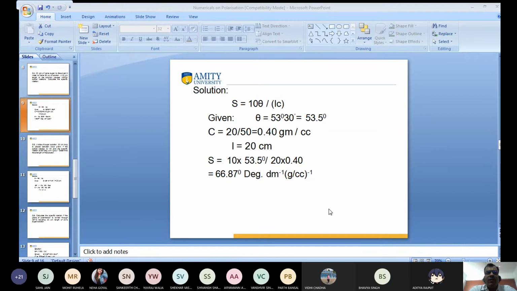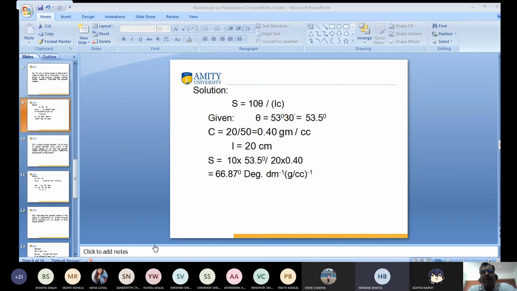Yes, sir. Hemang Bhatia, what is the answer? Sir, I'm getting 66.23, I guess.